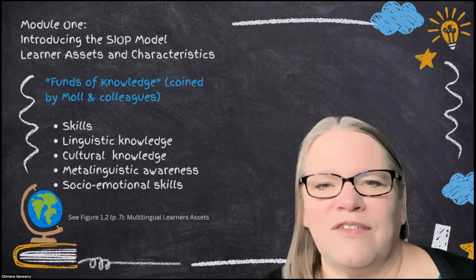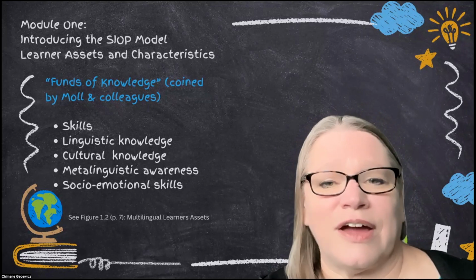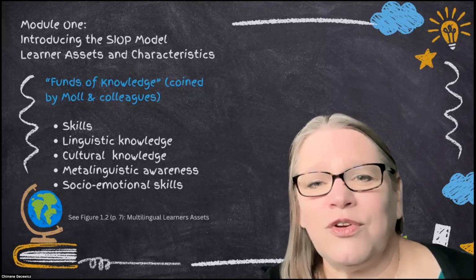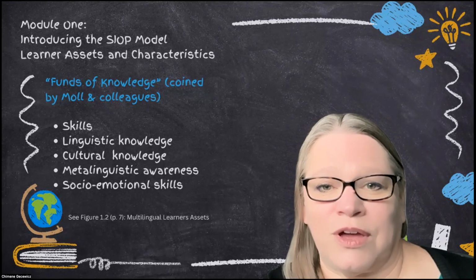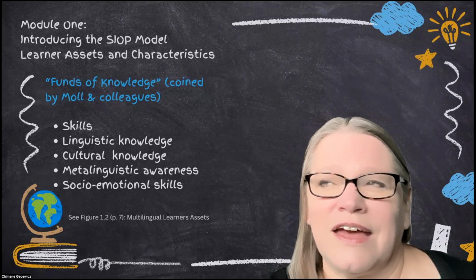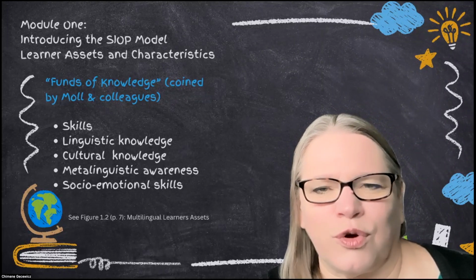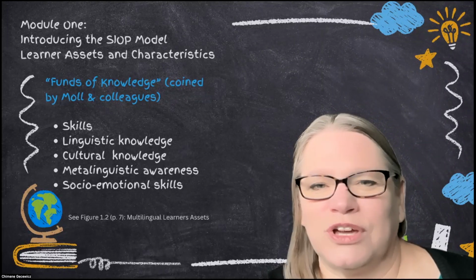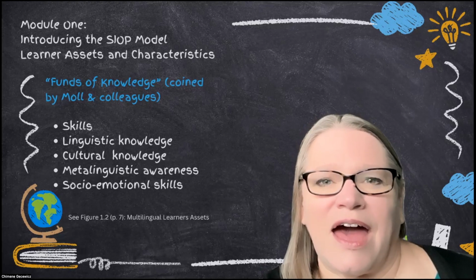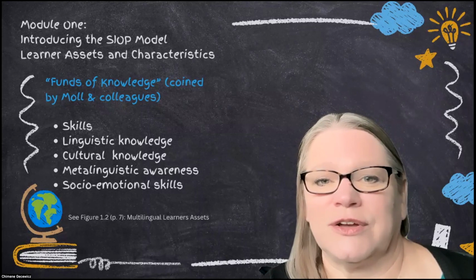Next, we have literacy skills. Many of our students will come to us with good literacy skills in their L1. Students who are literate in their first language already possess an internalized understanding of how reading works, how letters form words, how punctuation shapes meaning, how paragraphs are organized, how thought is structured.